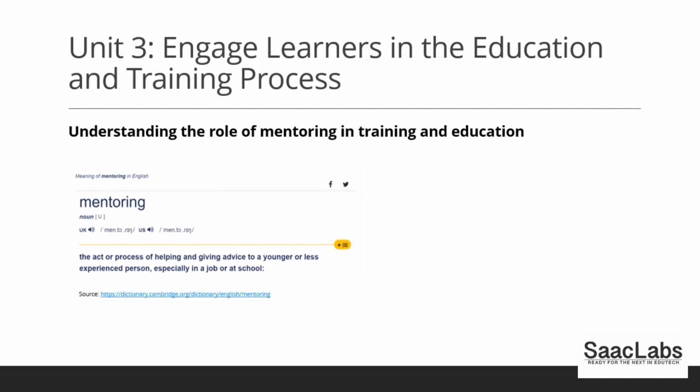In the actual sessions that are part of Unit 3, we are going to dig deeper into the concept of mentoring, but here is just a definition, in case you're new to mentoring. Mentoring is the process of helping and giving advice to a less experienced or younger person in the job or at school. In a nutshell, a mentor is someone who gives advice using their own personal experiences and guidance. It's a form of guidance that mentors provide.